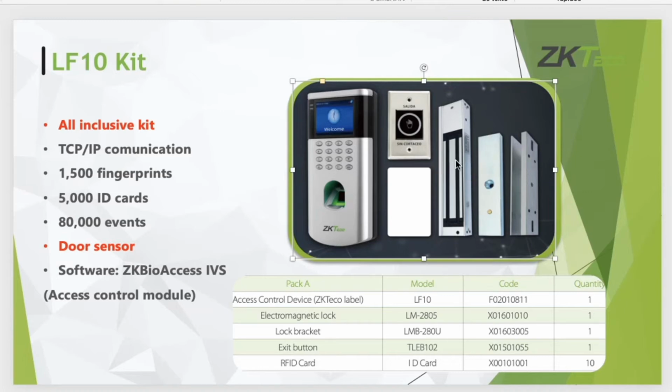Okay, so it includes all the accessories that you need to make your access control integration. Something important to mention here is that by default, this kit includes one lock with what we call the U bracket, this one.